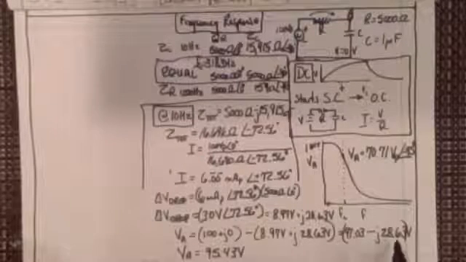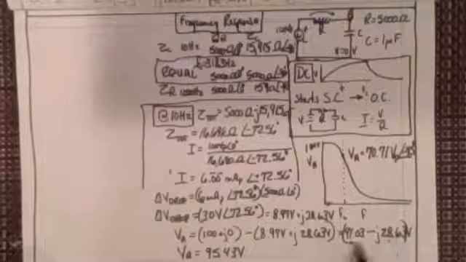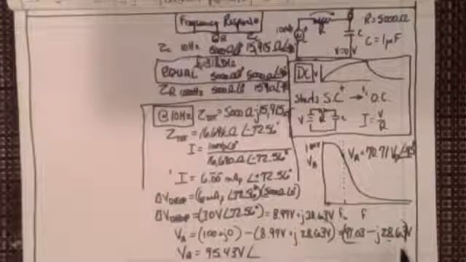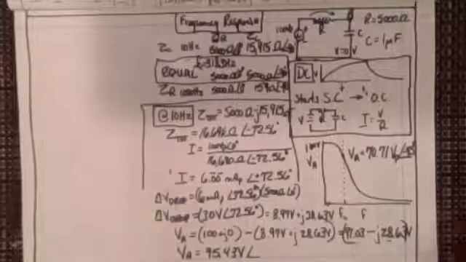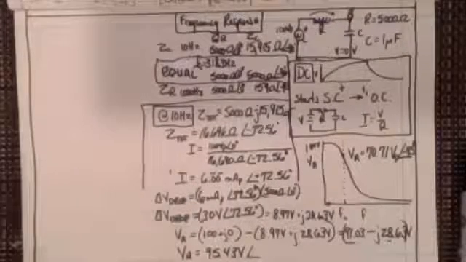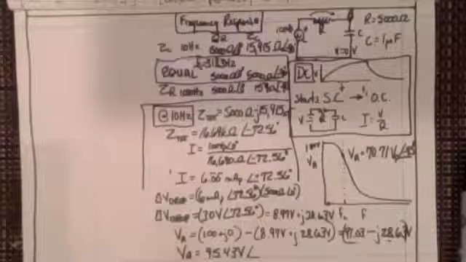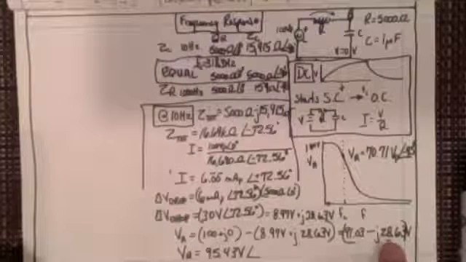It didn't make it less, it made it more. Don't you see how? But what's the angle now? The angle, if you look at it, is no longer going to be a positive angle, is it? It's going to be a negative phase shift angle, because now I've got the minus 28.